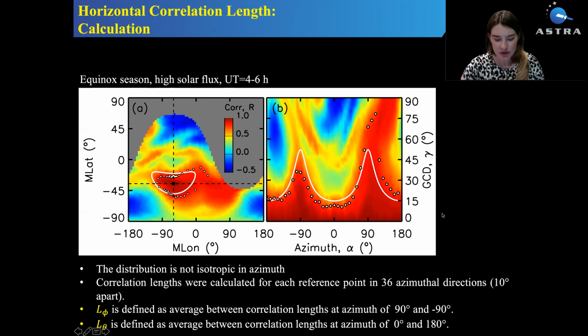Then the zonal correlation distance was found as the average of correlation distances at negative 90 and positive 90, and the meridional correlation length was found as the average of correlation lengths at 0 and 180. Again, the zonal correlation length determines the extent of the correlations in the east-west direction, and the meridional correlation in the north-south direction.